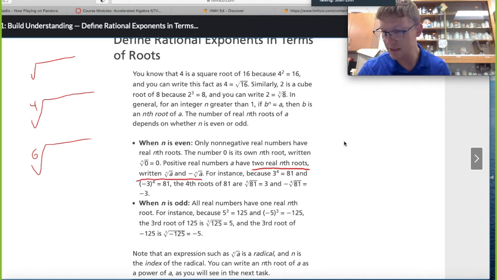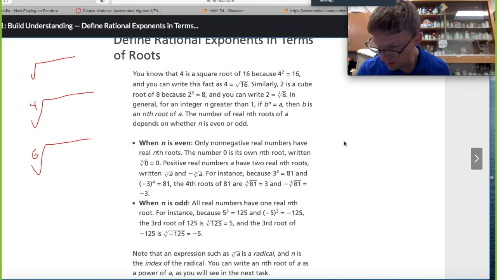For instance, 3 to the power 4 equals 81. But also negative 3 to the power of 4 equals 81.